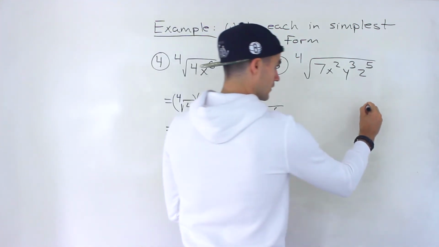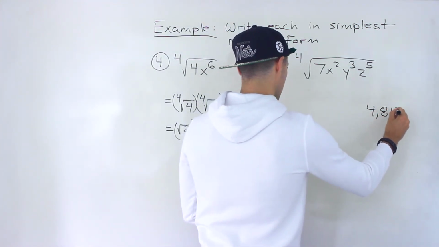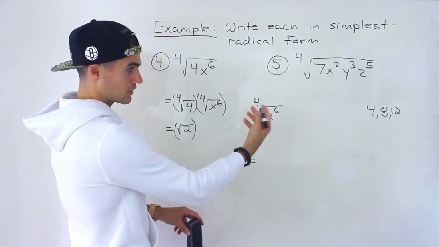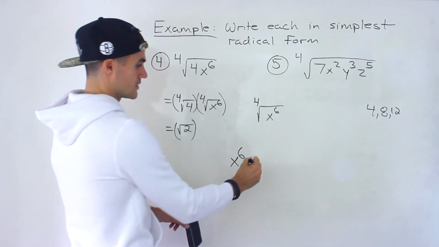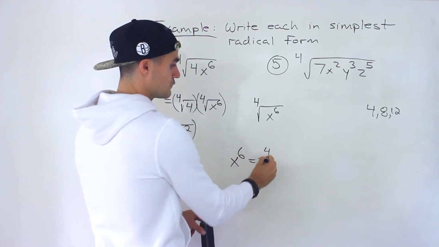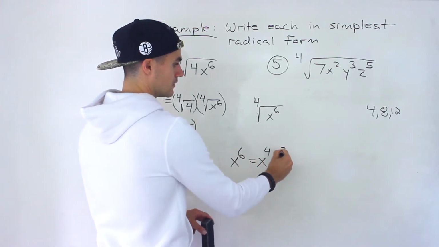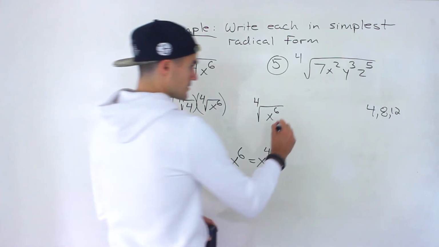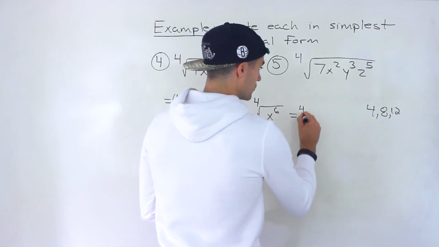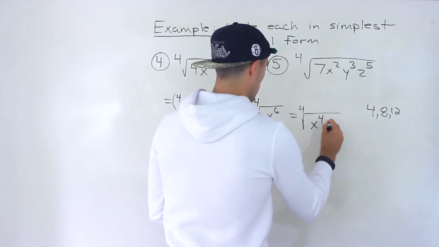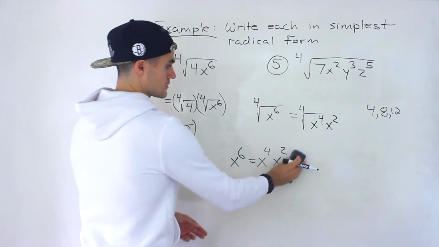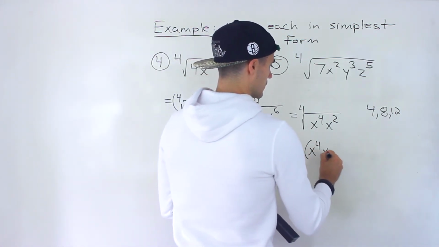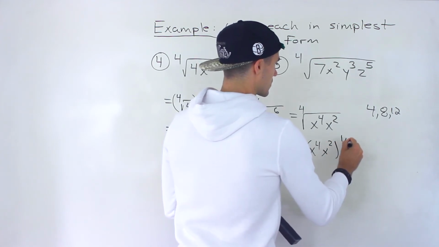What are multiples of 4? 4, 8, 12, etc. Out of those numbers, which is the highest number less than or equal to 6? 4. So we would take the 6 and break it down to x to the 4, and then we'd have x to the 2, like that. So we can rewrite this as the fourth root of x to the 4, x to the power of 2. And so from here, let's rewrite this as a rational exponent.